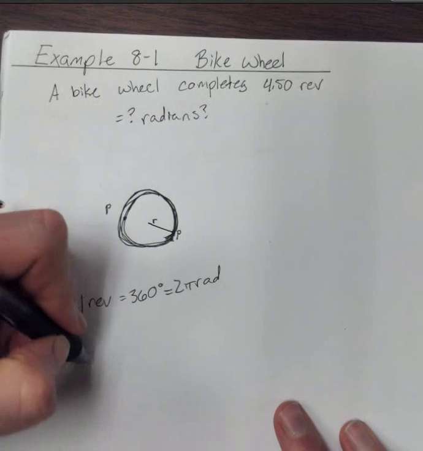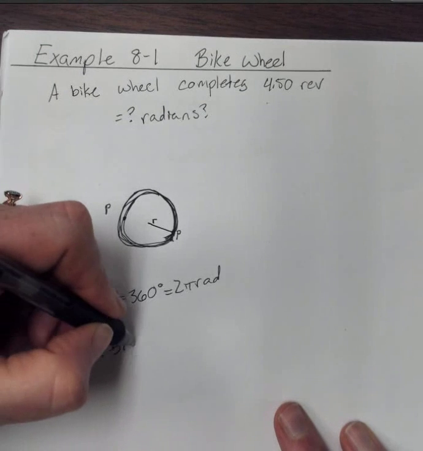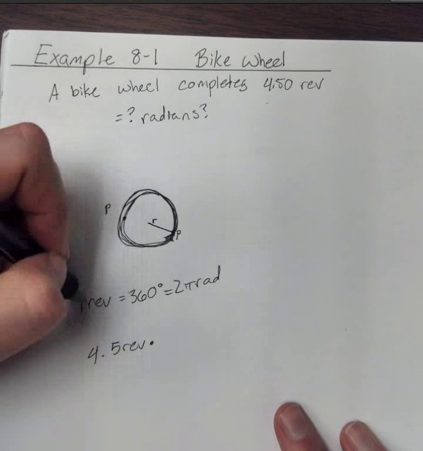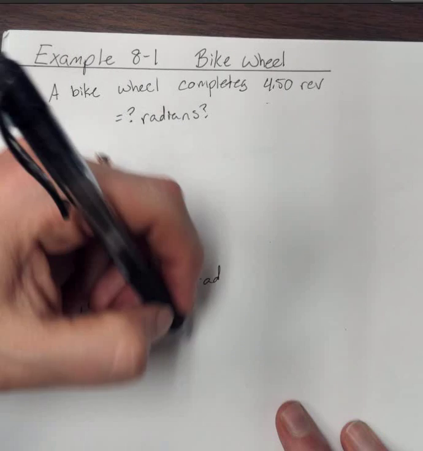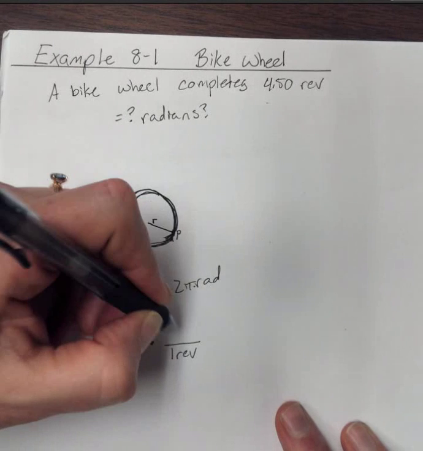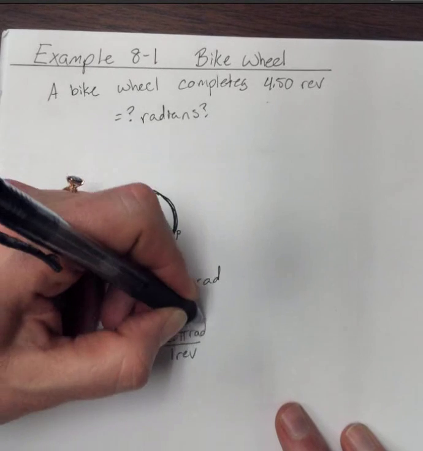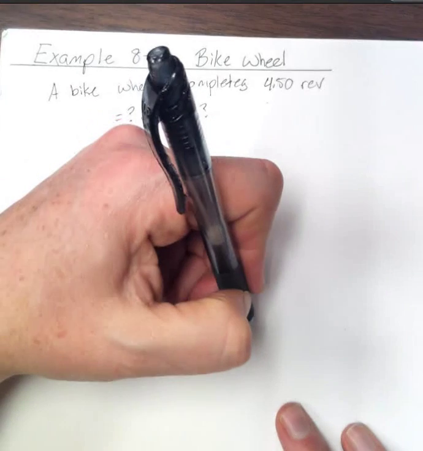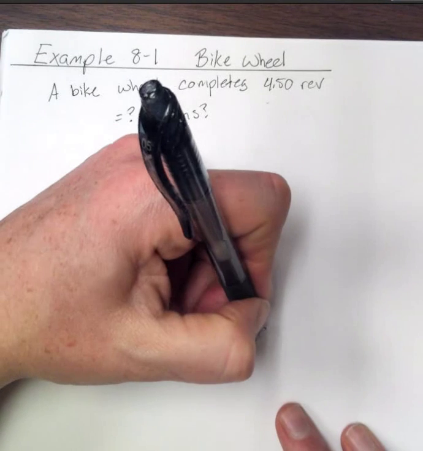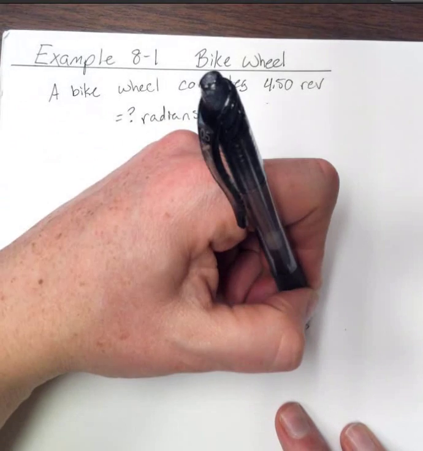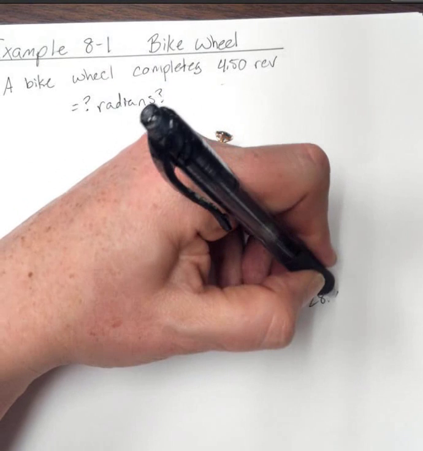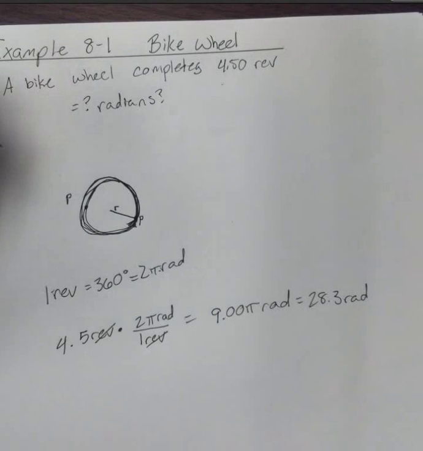So 4.5 revolutions is going to be 4.5 times 2, which is 9 pi radians. Or if we wanted to put that in decimal form, it would be 28.3 radians. So 4.5 revolutions gives us 28.3 radians.